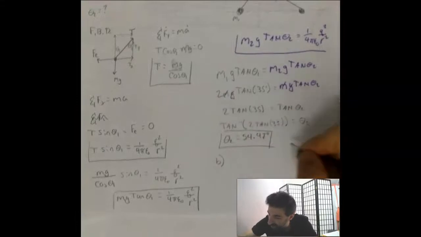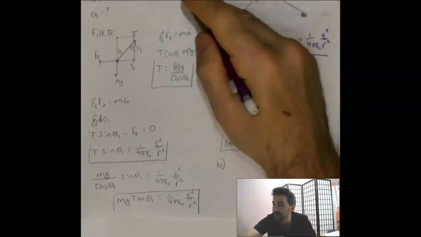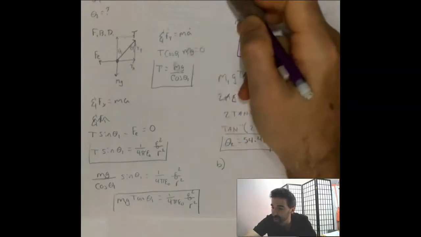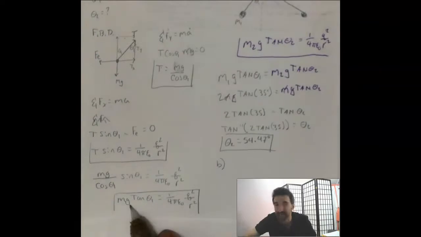We know, given m1 is 0.03 and q is 5.5 times 10 to the negative 10. So I can just pick this guy right there.